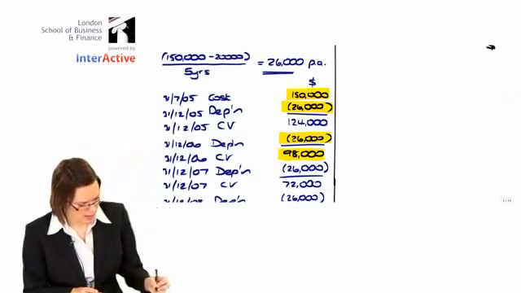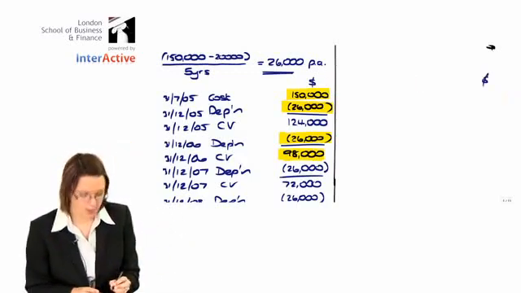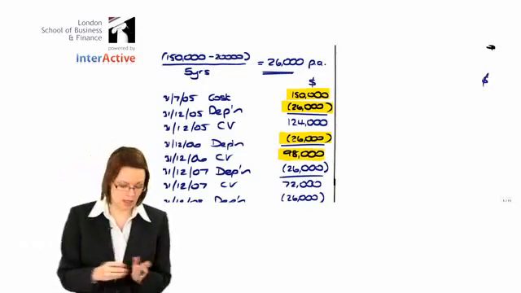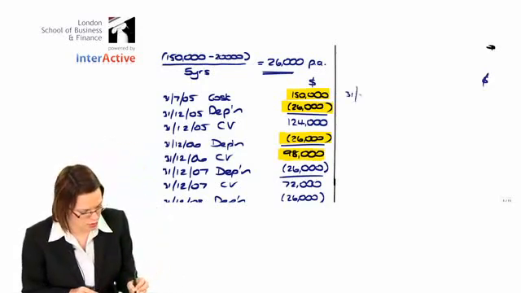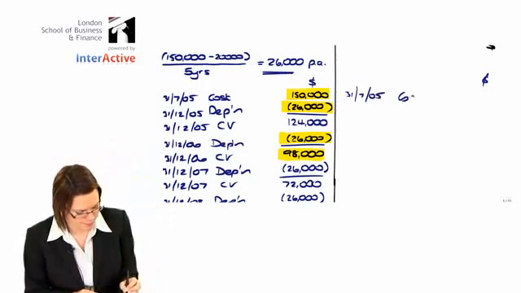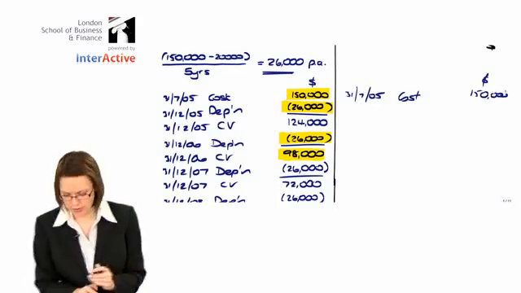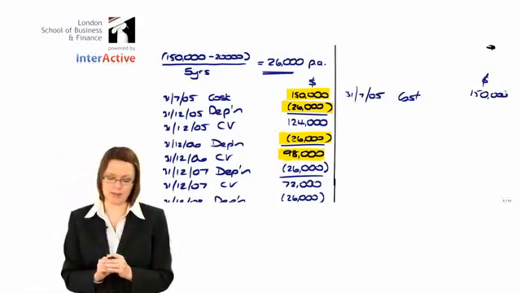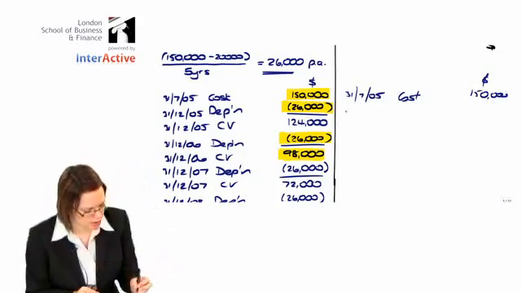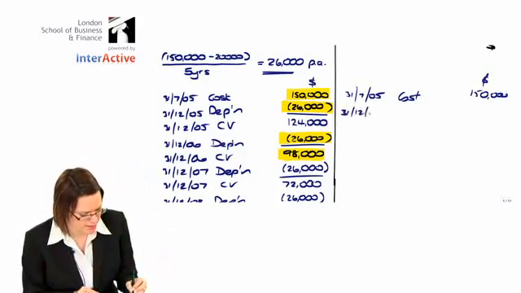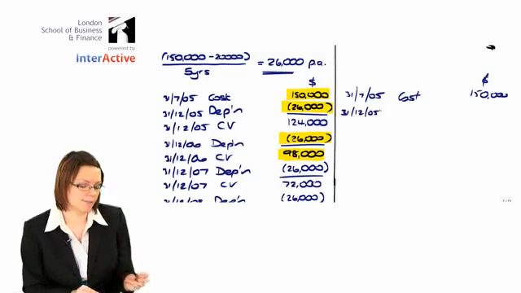So, in our second half of the page, I'm going to start with my asset cost, 31st of July 05, again with $150,000. Now, our depreciation then for our year end the 31st of December 05.